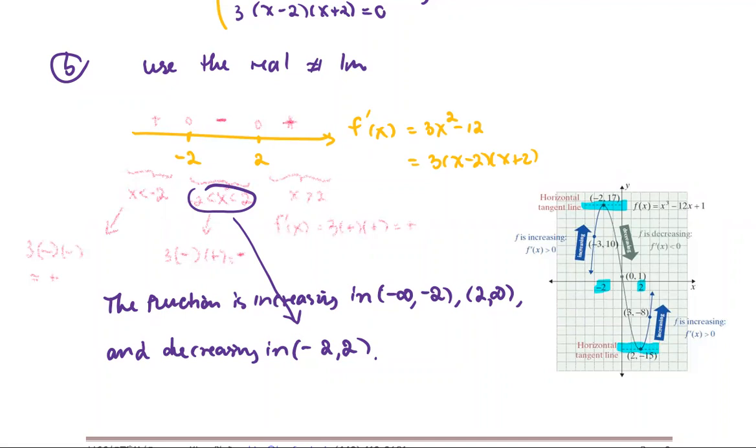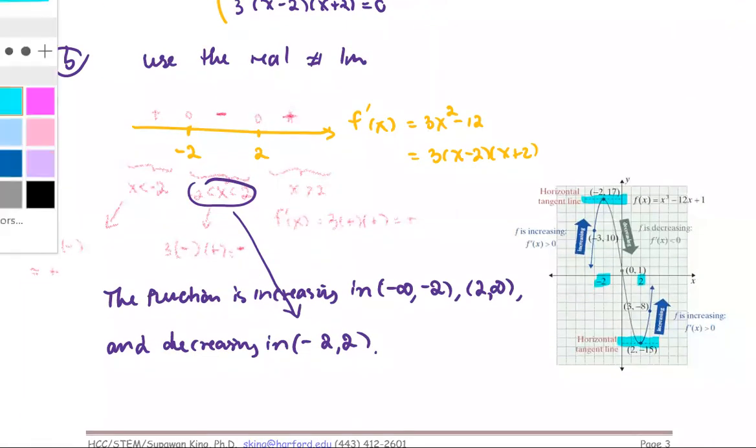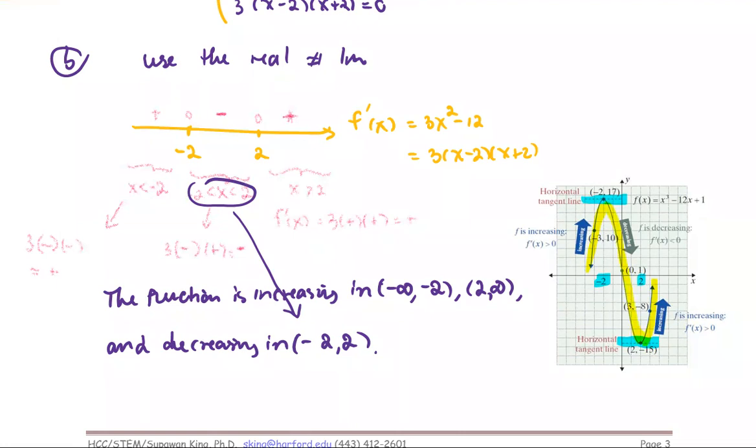On the left side of negative 2, the graph is increasing, and also on the right side of positive 2. Between negative 2 and positive 2, the graph is decreasing, where the derivative is negative.